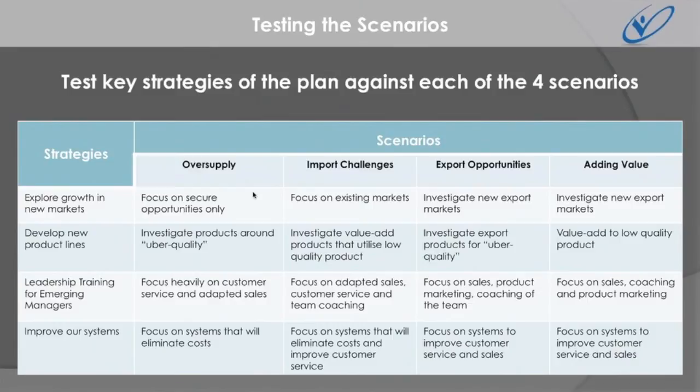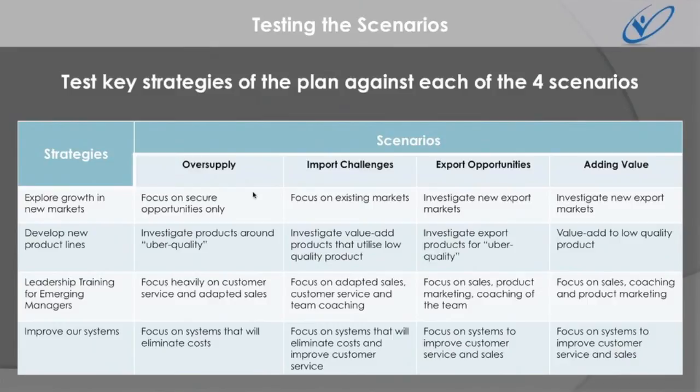We then said, right, if we're going to explore new markets, then we need to focus on secure opportunities only, because riskier opportunities are not a good idea right now. Because product qualities are really good, we thought we'd investigate products around top quality. So how can we find something that takes a premium or a platinum level product and do something around that? We thought we would need to focus heavily on customer service and adapted sales.